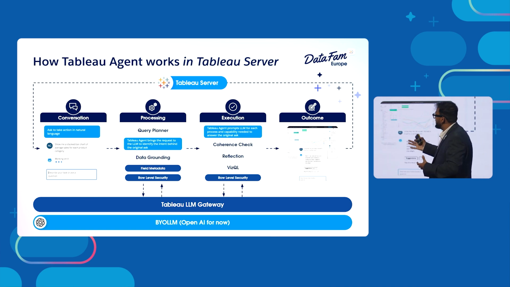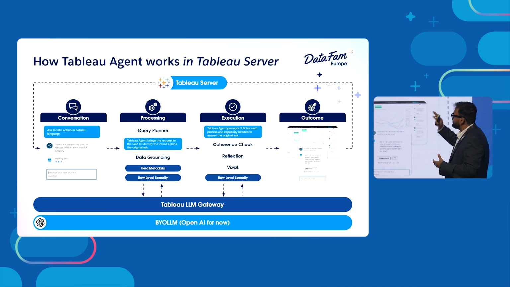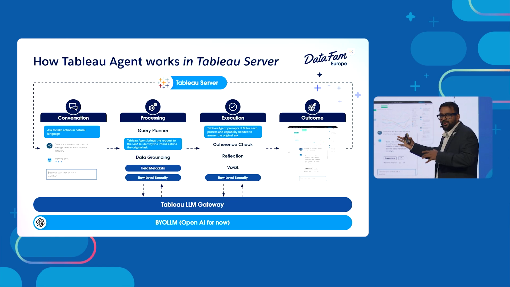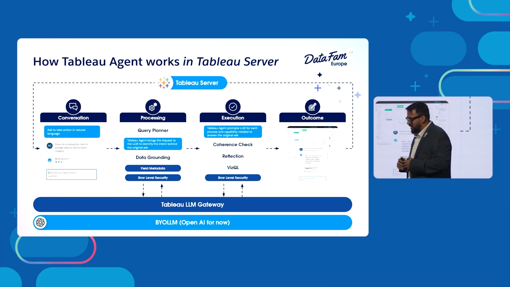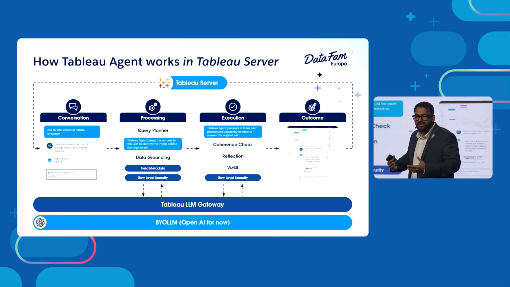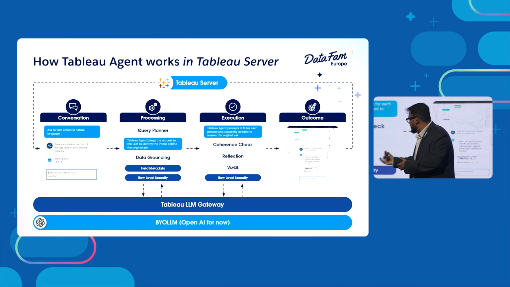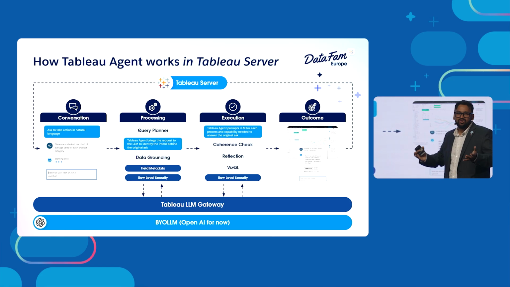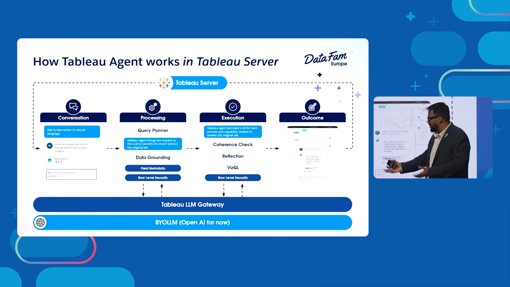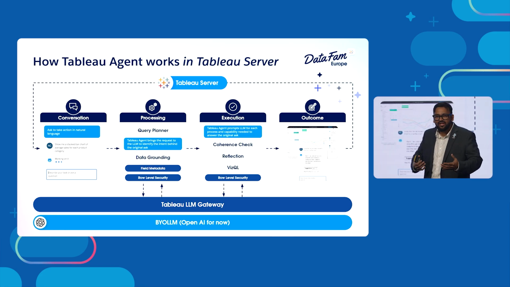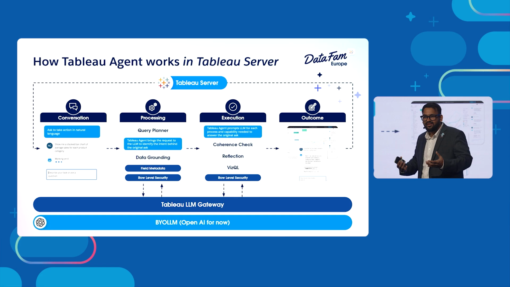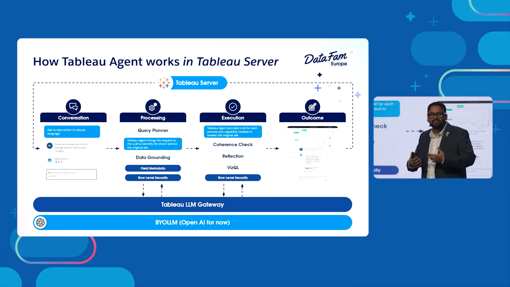So the biggest thing that happens here is Tableau Server starts sending in. When you open up your agent, you provide your intent. Once the intent is received, we pass it over to the LLM. And in this case, we're going to be using something that you bring in, probably OpenAI. And once we send it to the LLM, we try to understand what the intent is. Once we know the intent, we start the planning process.